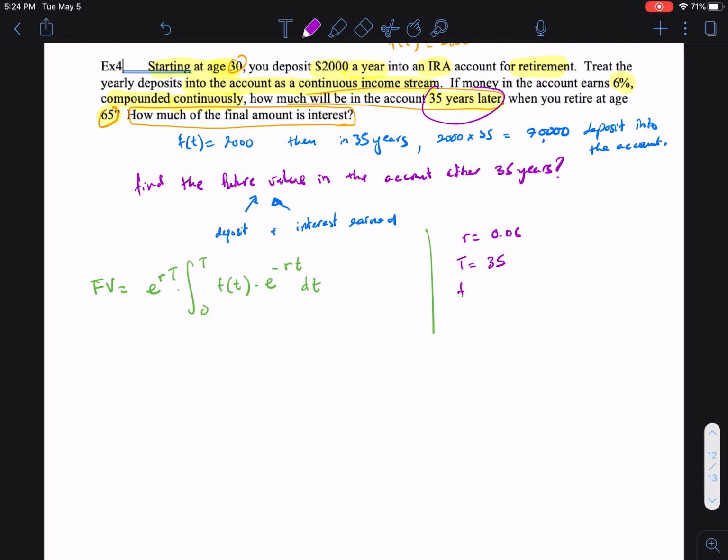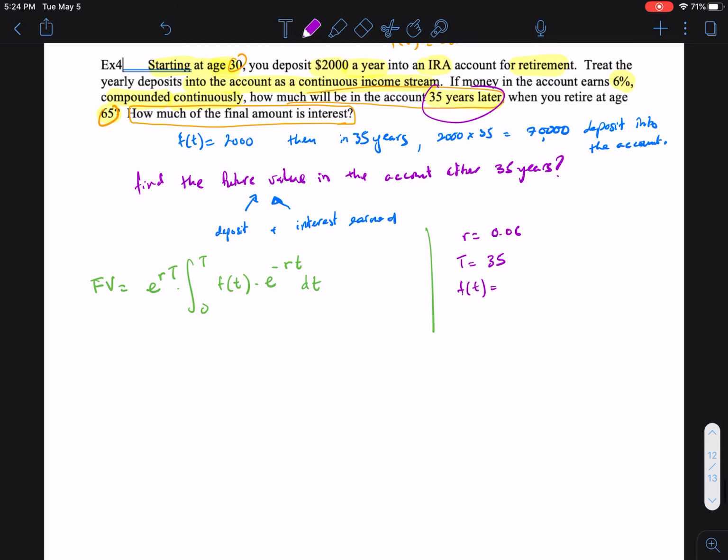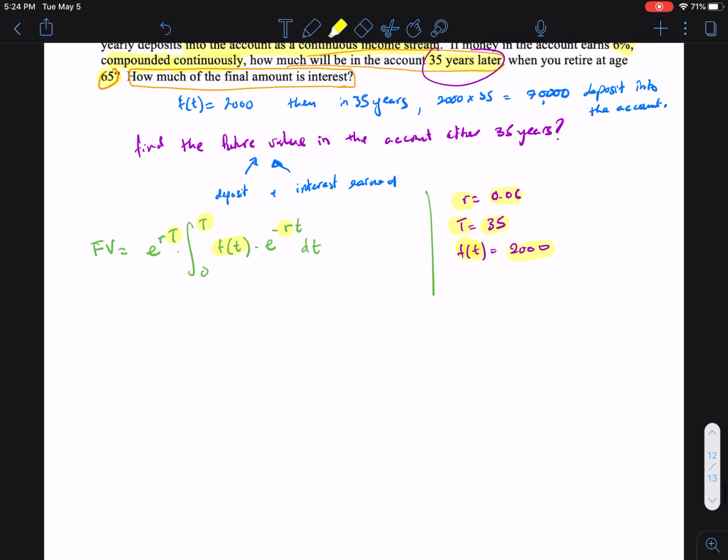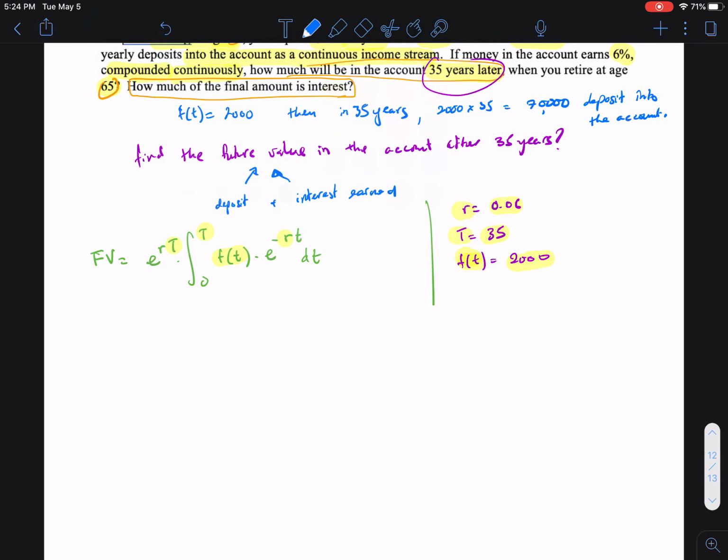Our continuous income stream or rate of flow is 2000. All right. So I think we've got everything we need to plug into the formula there. We've got R, we've got f of t, we've got capital T, and we're just going to plug this into this definite integral formula and calculate the future value.